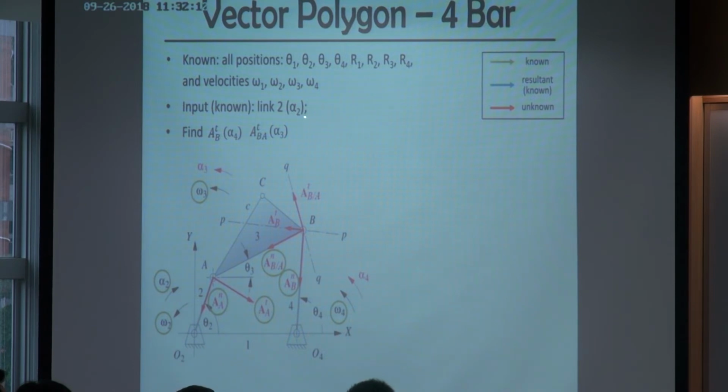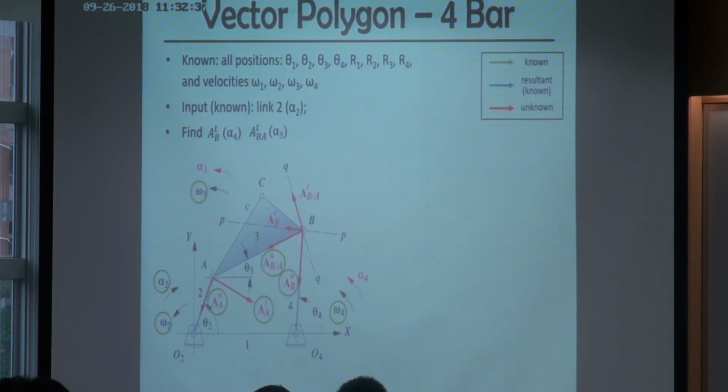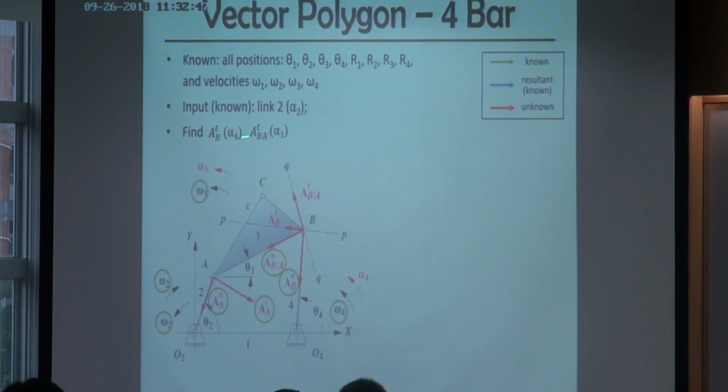So this one is known. And we try to find the acceleration of point B here, and also the acceleration ABA, so it's B relative to A, and the tangent component. Tangent components are related to alpha, the angular acceleration. So we must perform acceleration analysis in order to acquire these two.